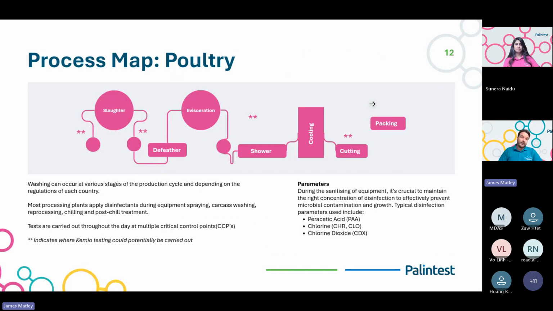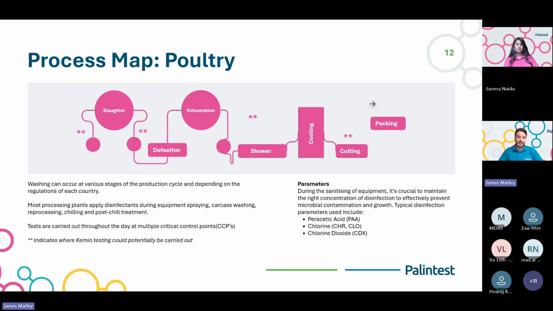So poultry, again, that varies from country to country. So in the USA, for example, they clean the birds with chlorine. That's a requirement that they have there, whereas in the EU, we don't clean the birds with chlorine. Asia, we find there's a bit of a mixture of both, and in Australia, they'll use chlorine dioxide in some applications. So this varies from country to country. So it's good to understand what their process is from the outset.